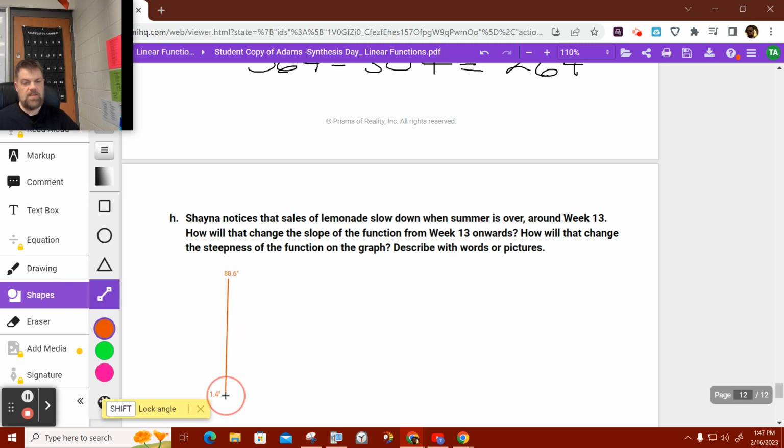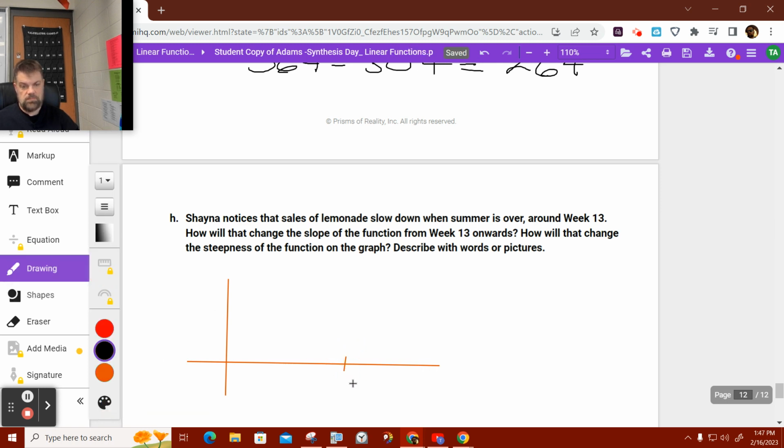So I've got this perfectly drawn graph. And so this would be week 13. And so you have a graph that's a straight line like this up until this point.